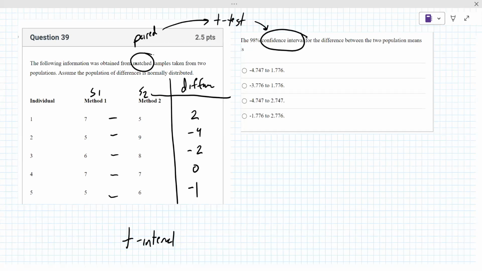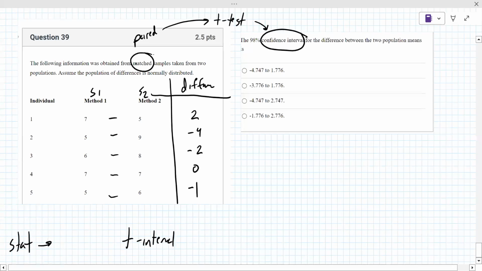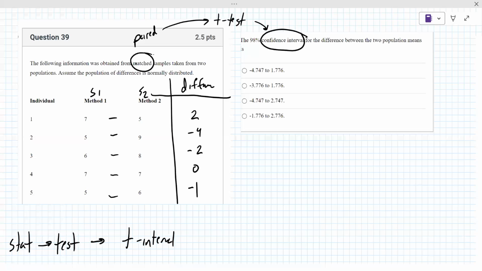Okay. So that's stat test. Stat test. Yeah, that sounds right. And data. You got to put the data in. We should have done that first. That goes in L1. You could put it in L3, but L1 is probably a good place for it. Choose data. And you do have to change your C level this time to 98. 0.98.